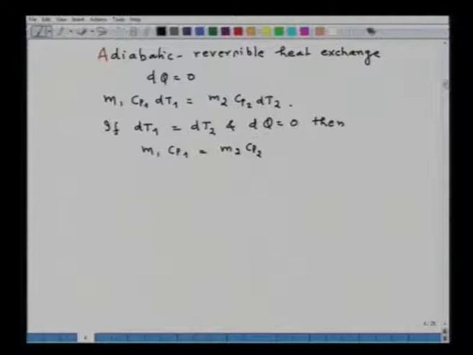If m1 Cp1 is equal to m2 Cp2, and the process is adiabatic and also reversible, then the heat flow capacities should be the same for both fluids, and only then can this situation occur.